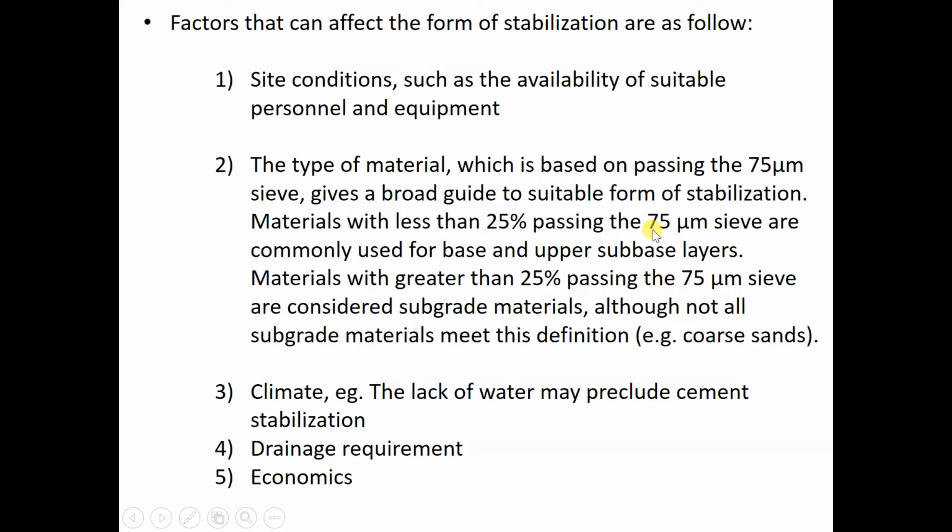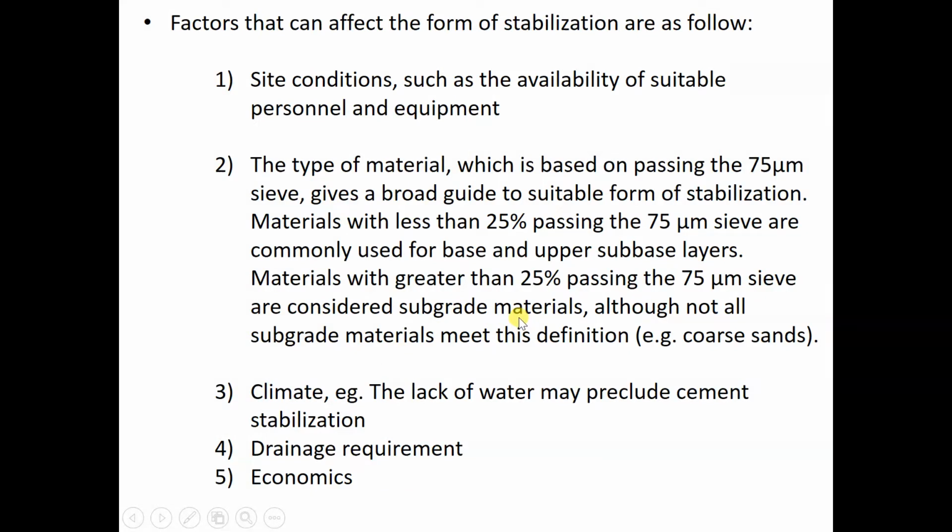There are a number of them, and one of the sieves is 75 micrometer. The materials with greater than 25% passing the 75 micrometer sieve are considered as subgrade materials.